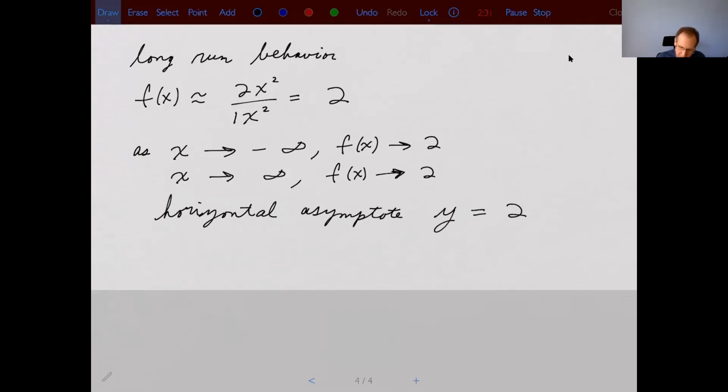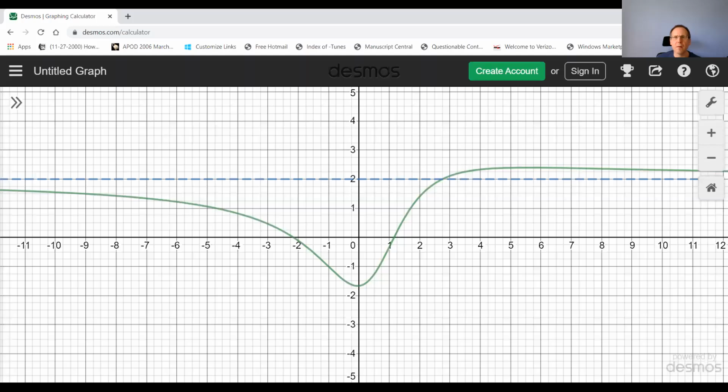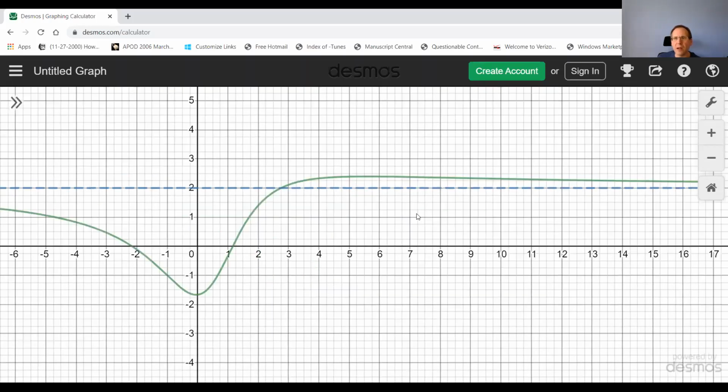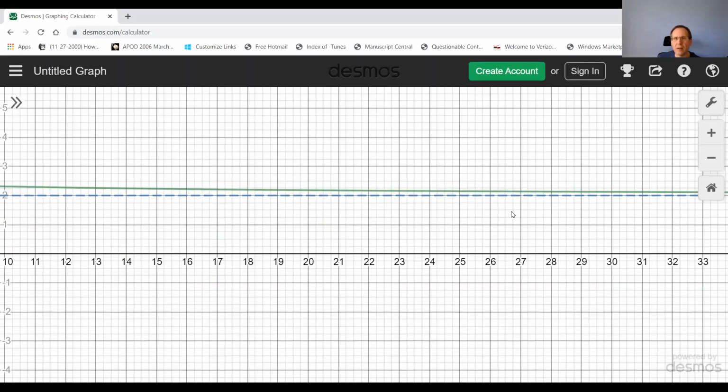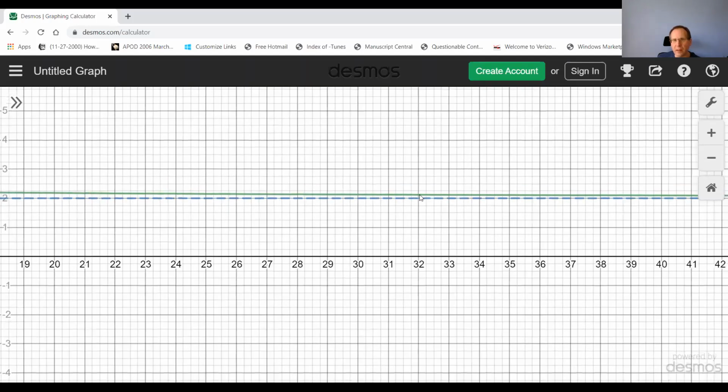Actually, let me plot this for you just so we have it. Okay, so this is a graph of that function. I plotted the line y equals 2 just to show you this. Notice that as x gets really, really large, the function, the green graph here, is getting closer and closer to 2.